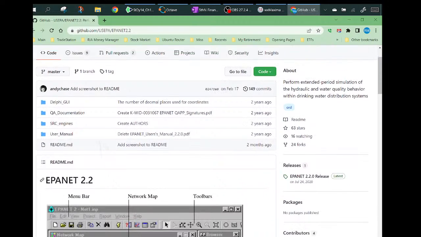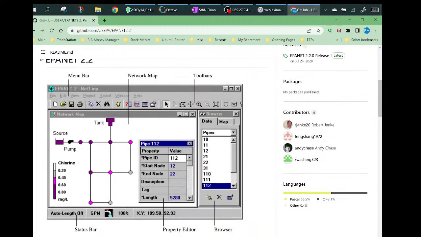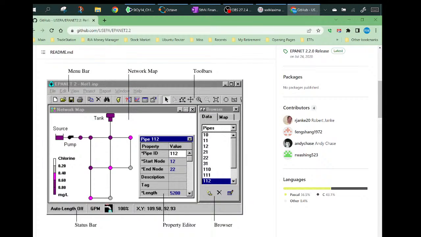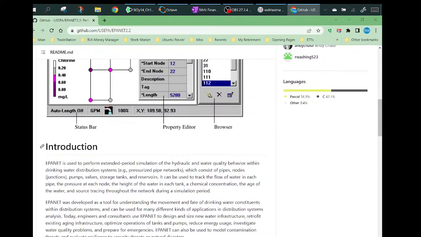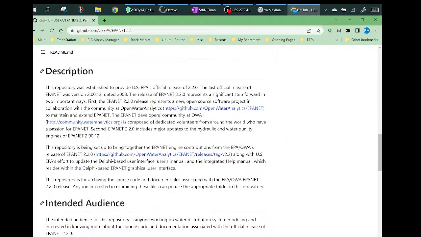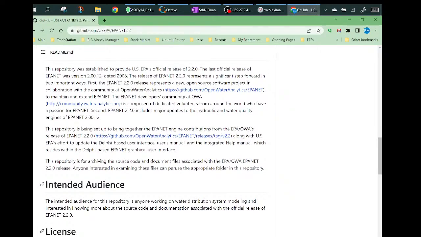It's got the ability to put a pump, source, tank, a bunch of pipes in here, and draw out a network map. It was built specifically for water supplies, in other words, city water supplies.